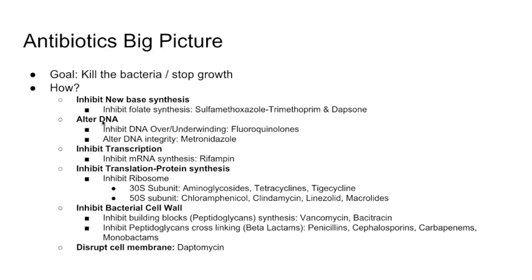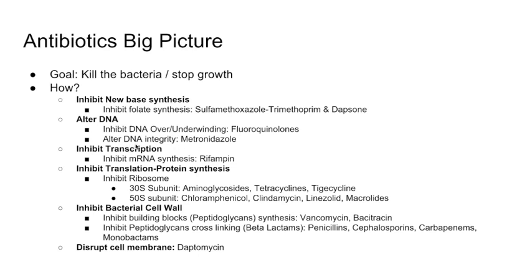The second step is that we can alter the DNA. So we can inhibit DNA over or under winding, because we know that as we're replicating, the DNA kind of overwinds, and then we have these enzymes, the topoisomerases, that make these nicks to relieve the tension in the DNA. So fluoroquinolones inhibit that process.